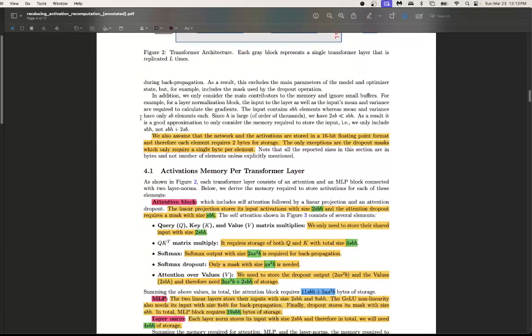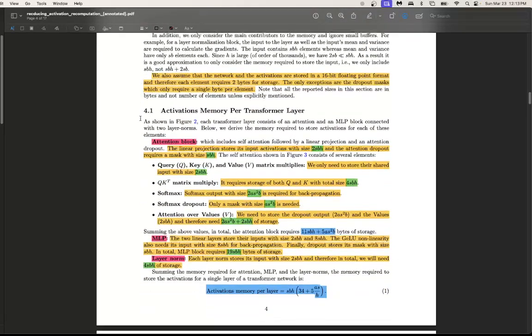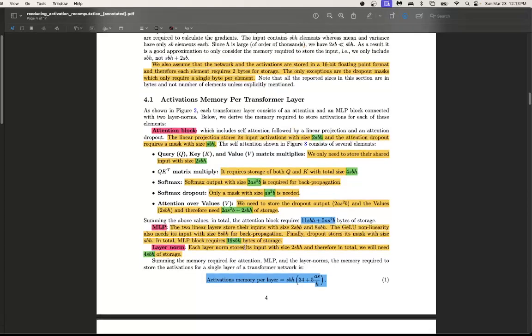Activation memory is where they quantify, with an algebraic expression, the amount of activation memory required in bytes for a given model if you're storing all the intermediate activations, performing no activation checkpointing.